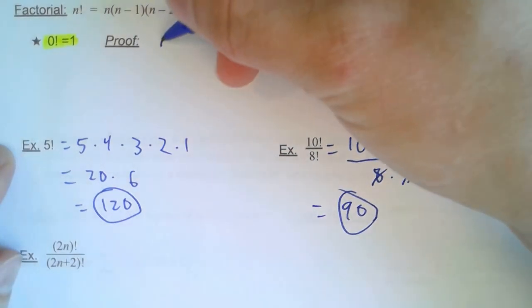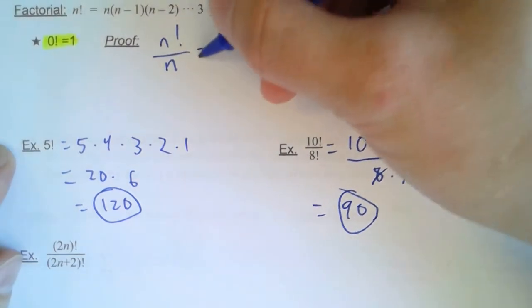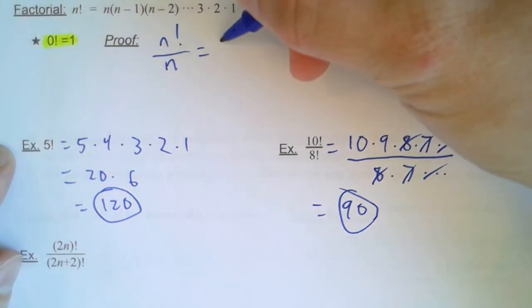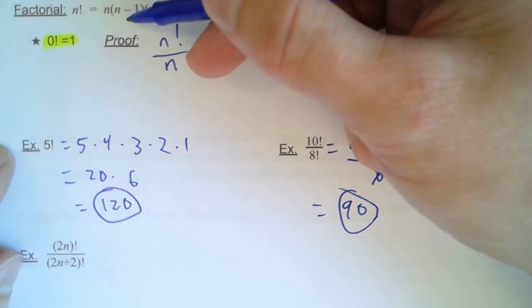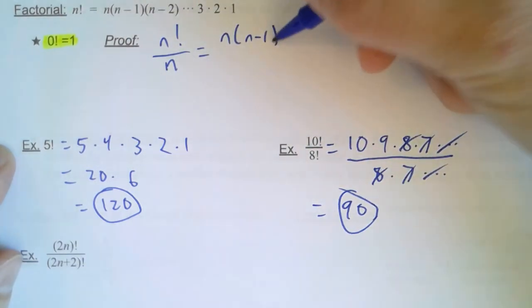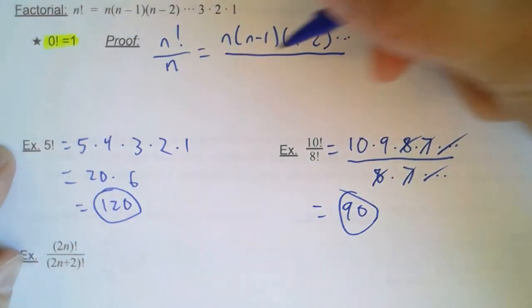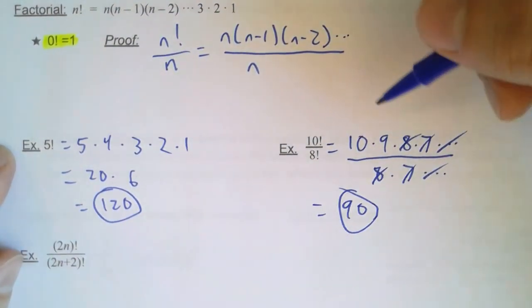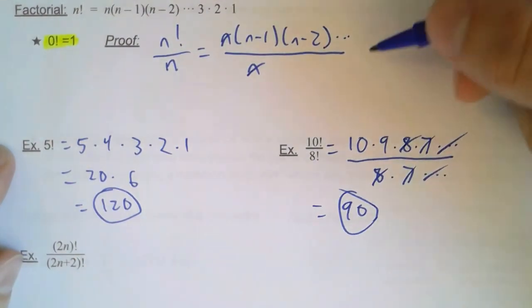So what we're going to look at is n factorial over n. And if you write that out, if we take any number, to get to the next smallest number, you just subtract 1. So n minus 1, and then n minus 2, and so on. Well, just like we saw here, we can do some cancellation. We'll have those n's cancel out.